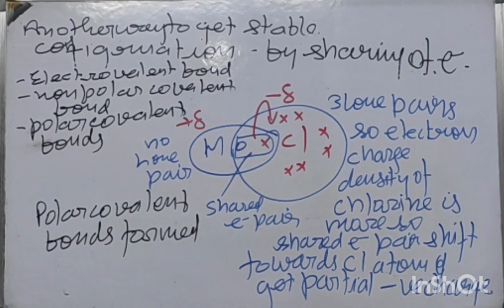Polar covalent bonds formed. So polarity is due to the difference in electron charge densities. If among two atoms there is a difference in electron charge densities, then polarity will develop and polar covalent bonds form, right?